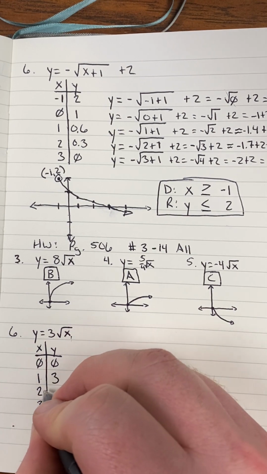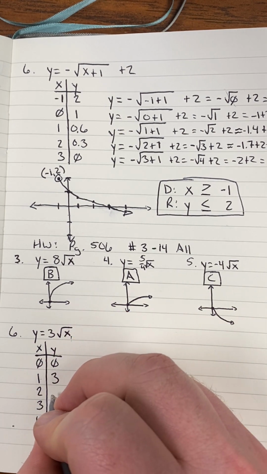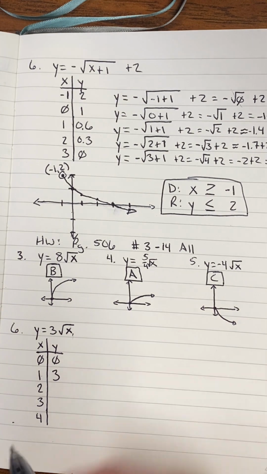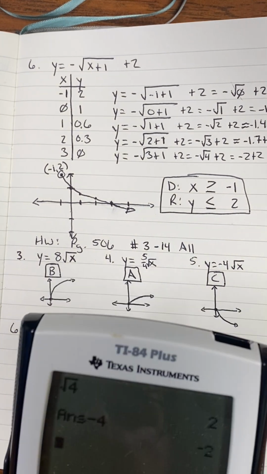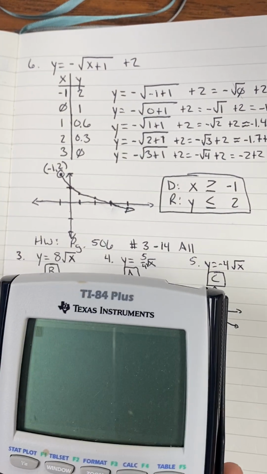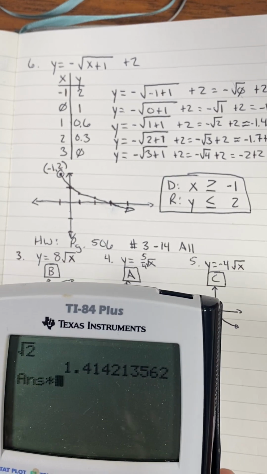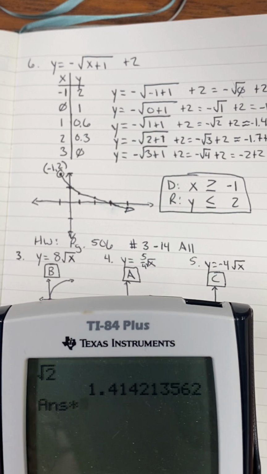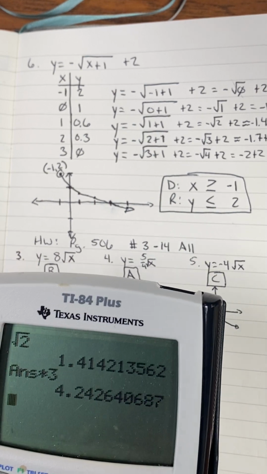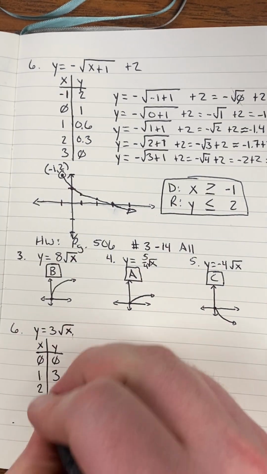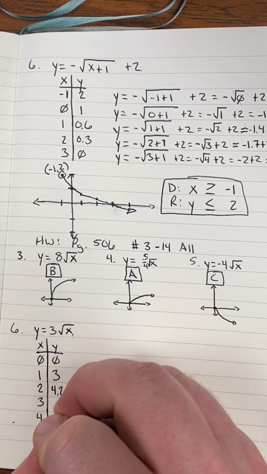So I'm just going to fill these in. Square root of 2 is 1.4. Ooh, I might have to start using my calculator for this. So I'm going to do it just like this. Square root of 2, times 3. So I get something that looks like this. So it's about 4.2. Okay?